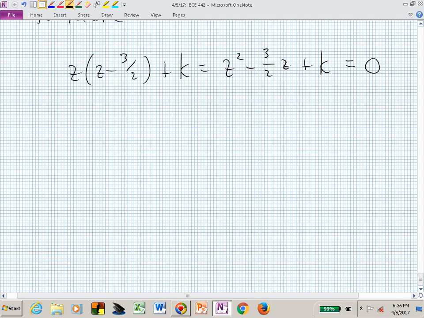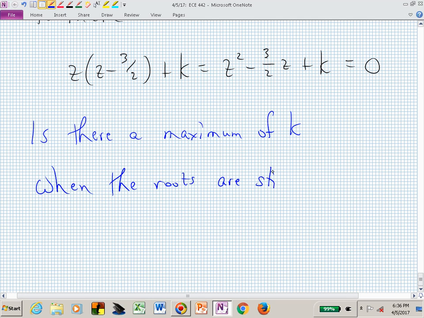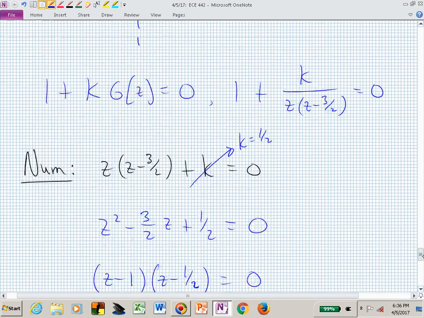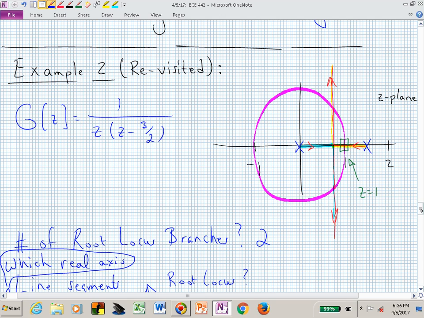But in fact, what I want to know, I'm sort of talking my way through this analysis, is there a maximum value of k when the roots are still real? And you could answer that with a yes based on this root locus.